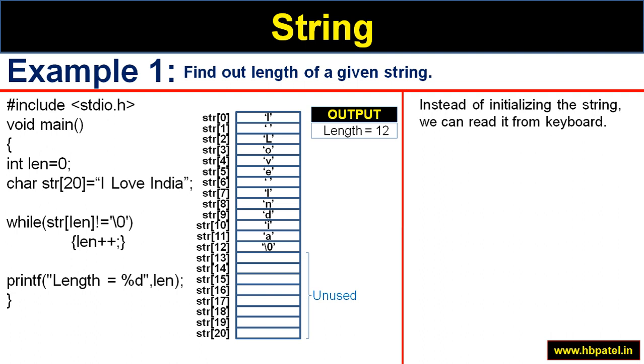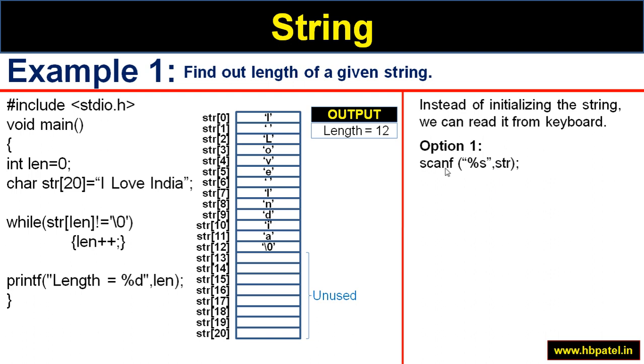So instead of initializing a string like this, we can read it even from the keyboard. Now there are two ways to read. The first option is you can have scanf %s str. One thing you need to remember here is that so far we have seen ampersand in the case of scanf. But when you read a string, you do not specify ampersand.